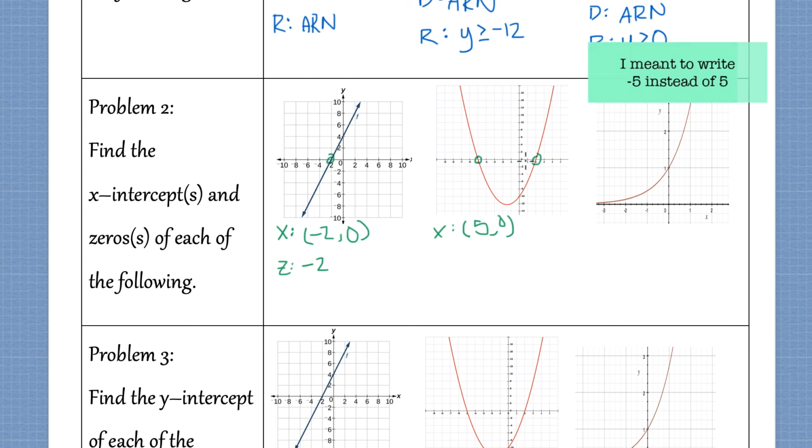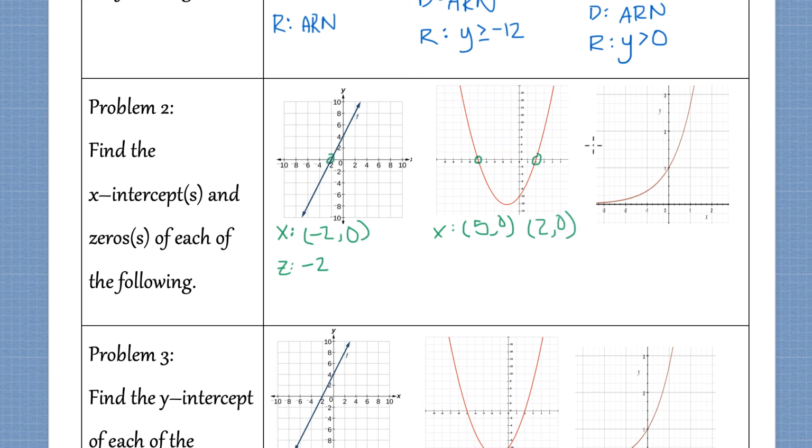And our next one is at 2, 0. Those are our x-intercepts. And again, our zeros are just going to be the x values of the coordinate points. So the x values of both of these are 5 and 2, and those are our zeros.